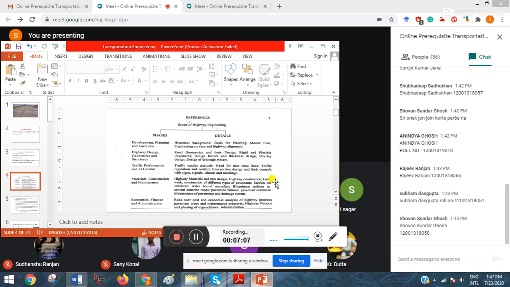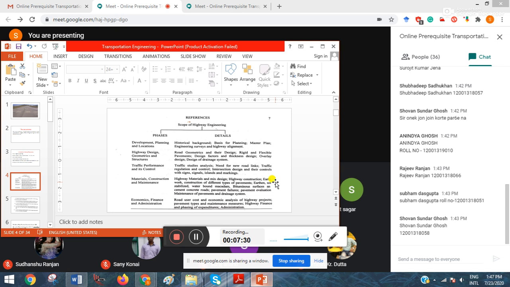So lots of things in highway engineering. We'll study them starting from development through to finance and administration.